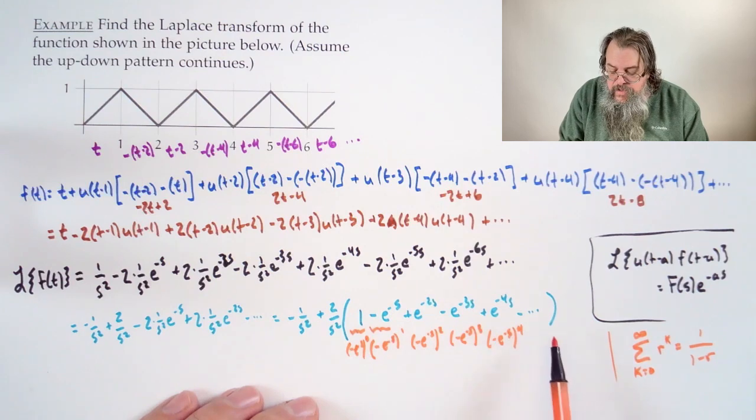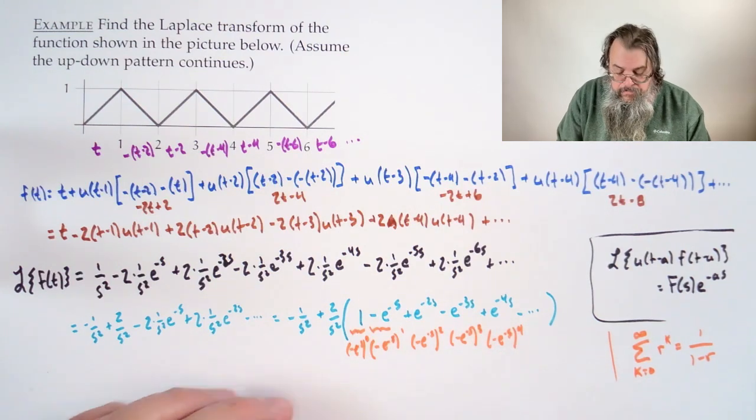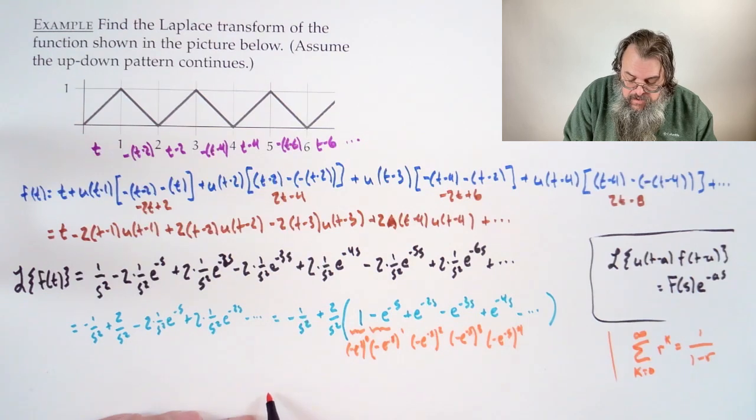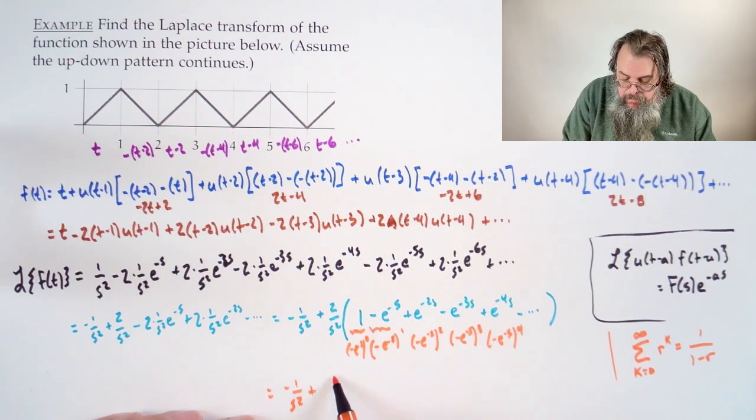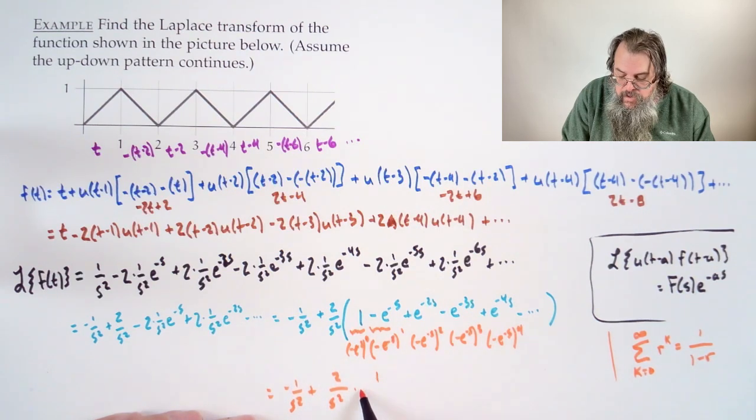So this is the geometric series where minus e to the minus s is r. So what do we have? Well, this is minus 1 over s squared plus 2 over s squared times 1 over 1 minus e to the minus s.